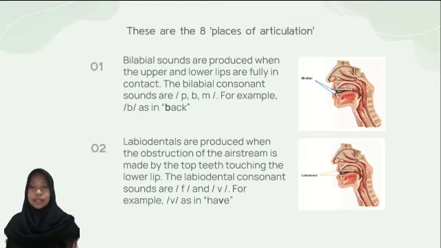The second is labiodental. Labiodentals are produced when the obstruction of the airstream is made by the top teeth touching the lower lip. The labiodental consonant sounds are F and V. For example, V as in have.